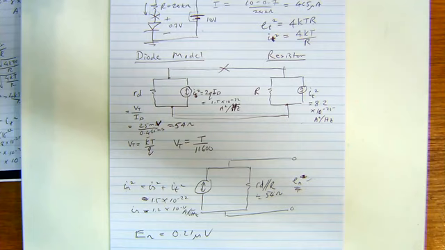So you have this value here. We all good? Square root of. Yeah.